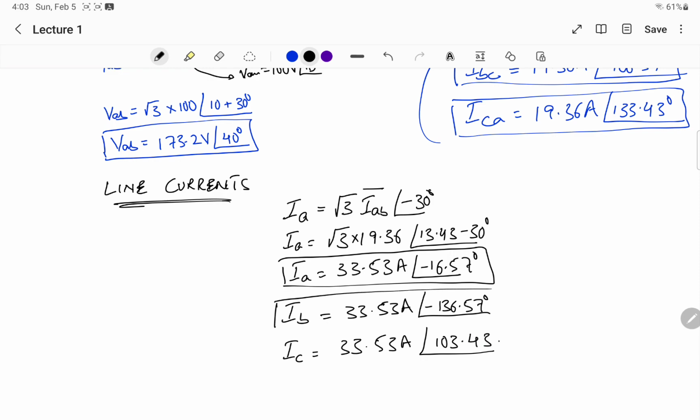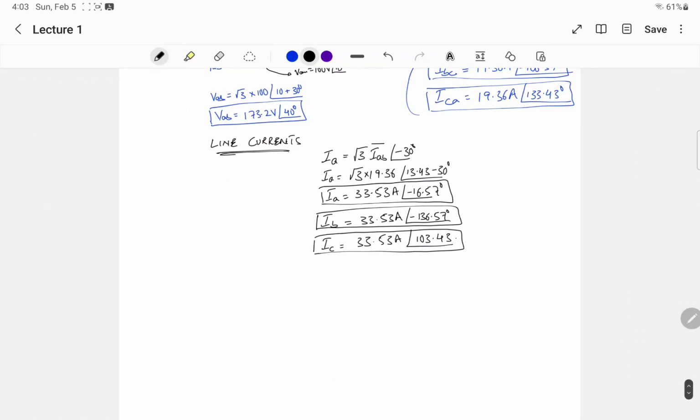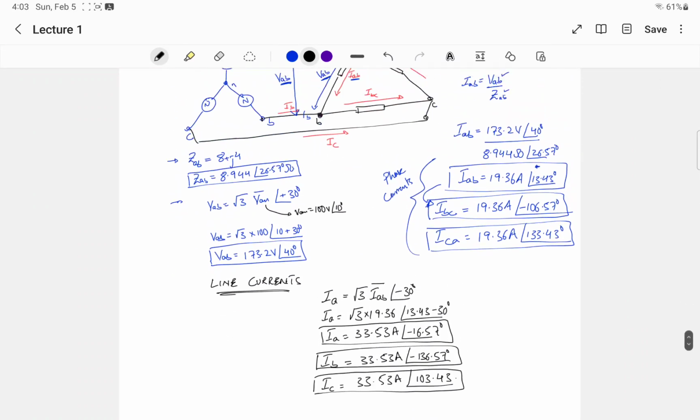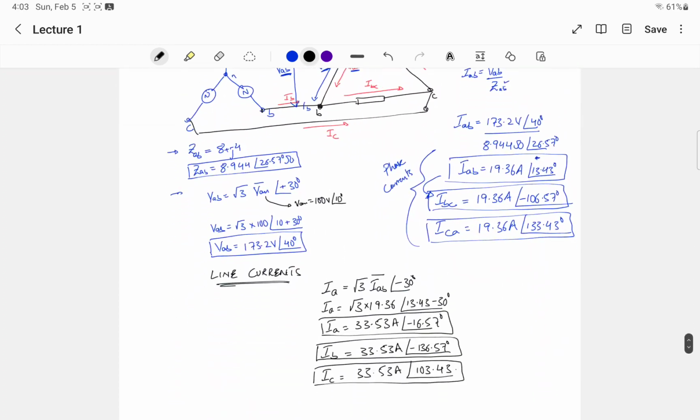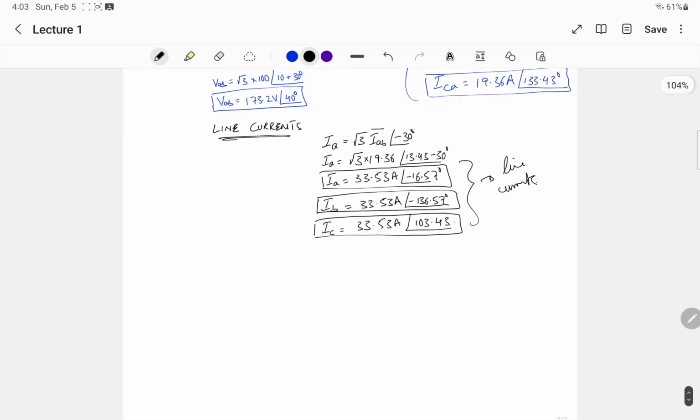So this is how this can be done. Now the question ends here. We have calculated the line currents and we have calculated the phase currents. So let's do one more thing.